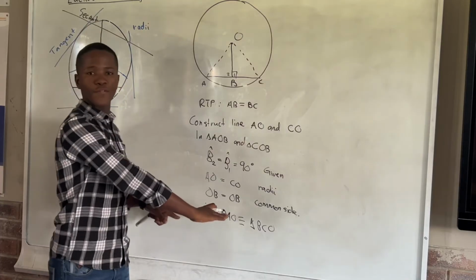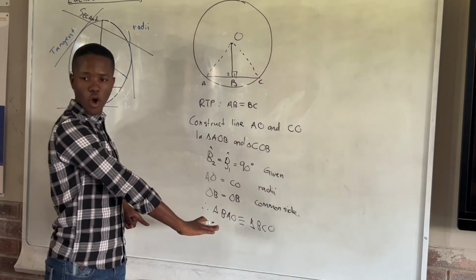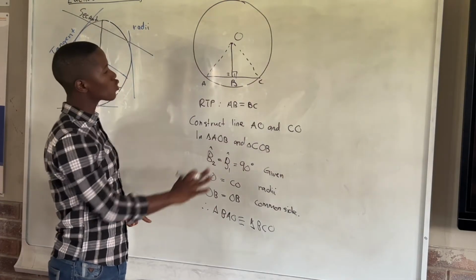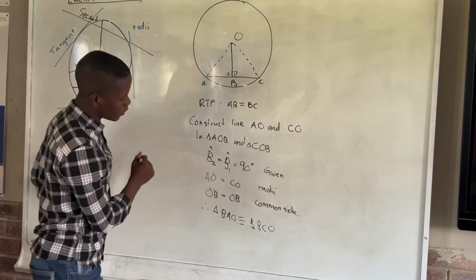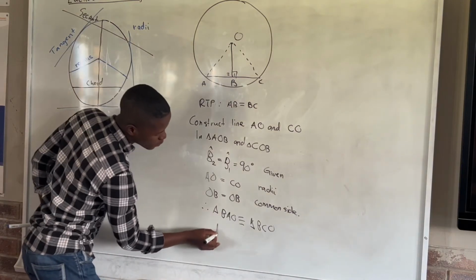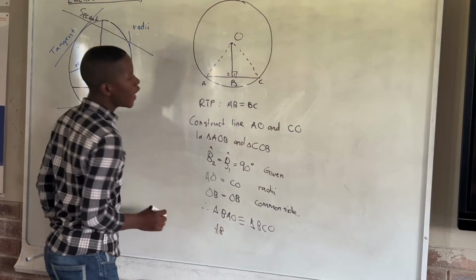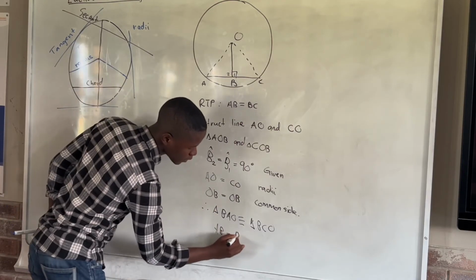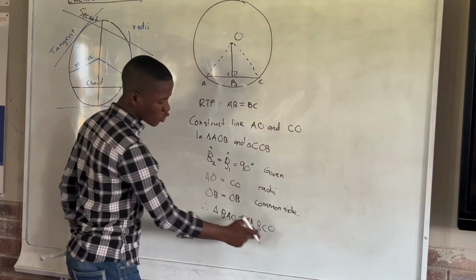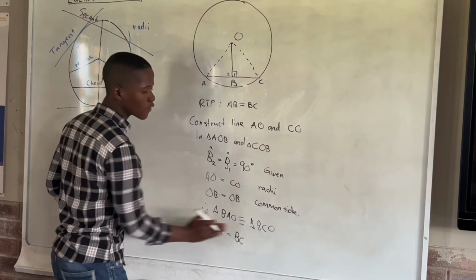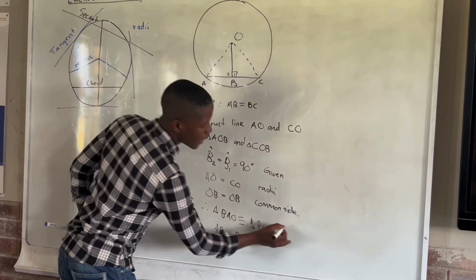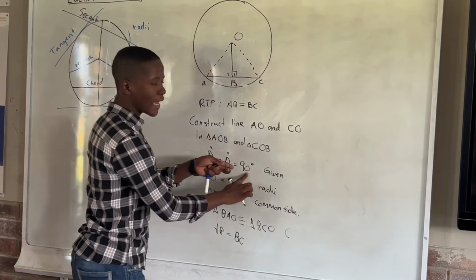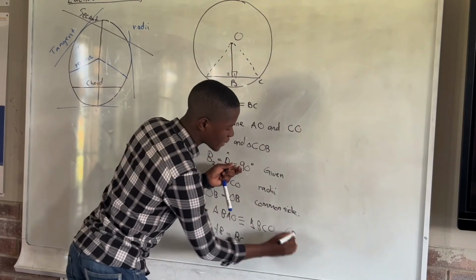Since you have proven the congruence of these triangles, we conclude that AB is equal to BC. But before that, you need to also provide a reason for this. Remember, this is 90 degrees, which represents your right angle.